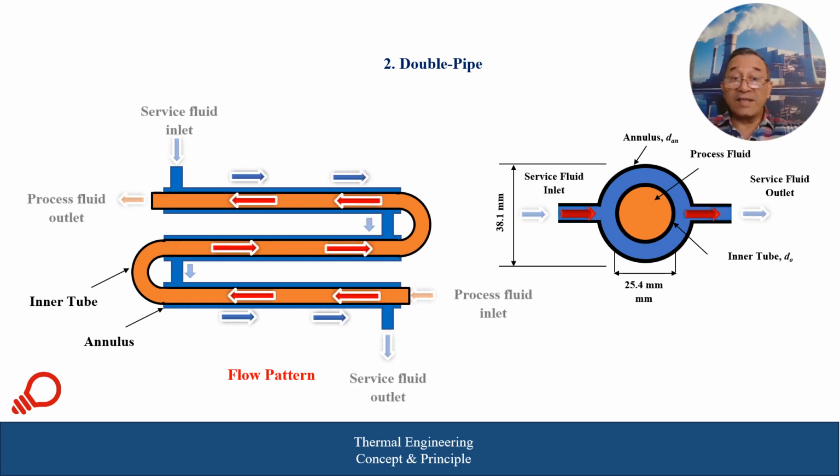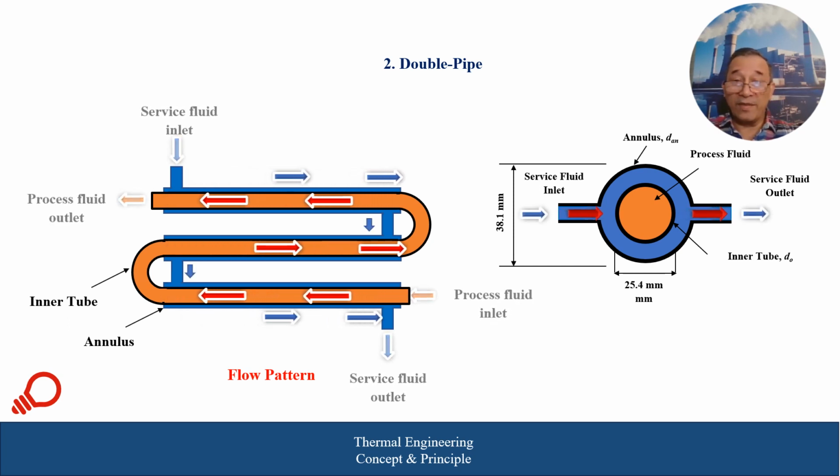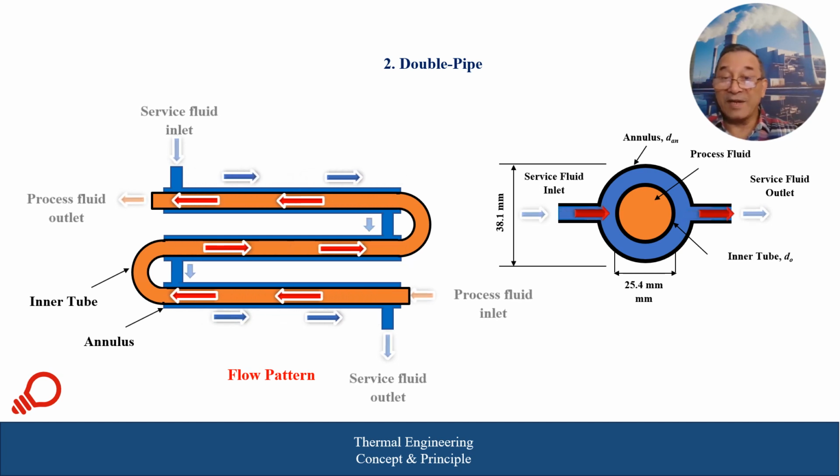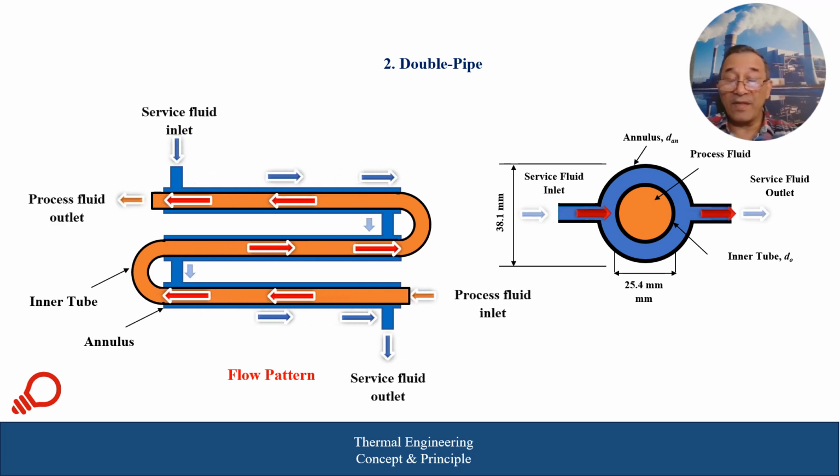As you can see here in this illustrated figure, these flows are continuous on both sides and there is no mixing between them. At the same time, if you look at the right hand side, we have an illustration of how the fluid is passing through the annulus side, from one side to another.